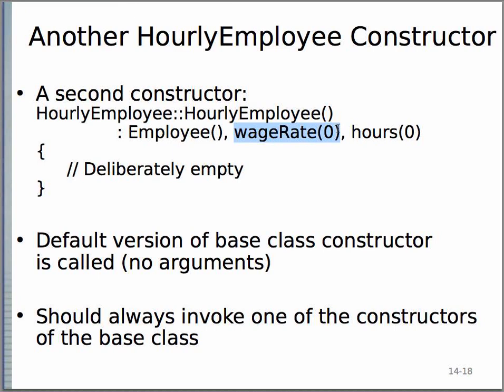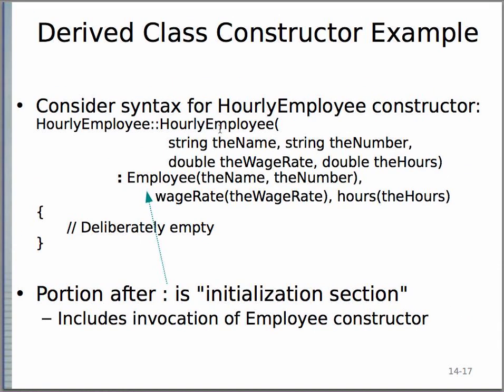Otherwise you might get things out of order. Okay, so the default version of the base class constructor is called in this case. If you have, for example, a different kind of constructor with parameters, you could pass on parameters into the appropriate constructor of the base class.